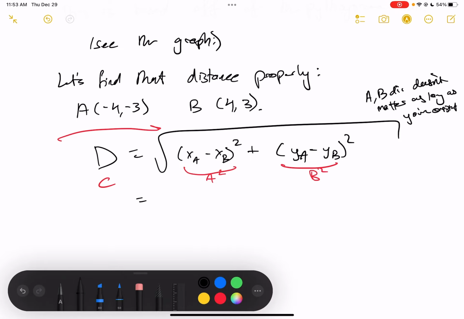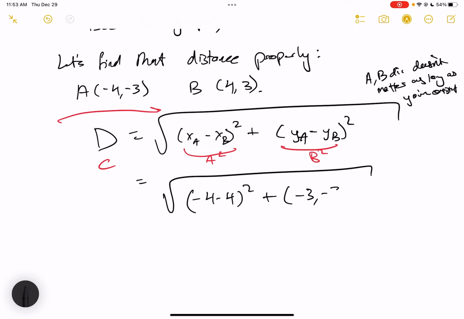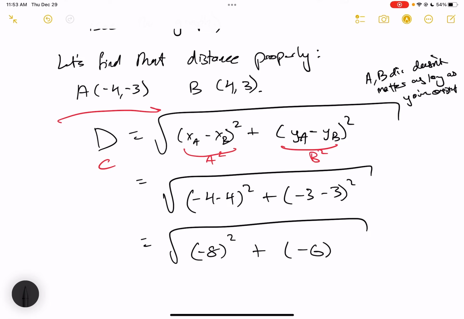So here, replacing values exactly as they are, the x's will be negative 4 minus 4, all squared, plus, for the y's, negative 3 minus 3, also squared, equals, now, negative 4 minus 4 is negative 8, all squared, plus negative 3 minus 3, negative 6, also squared.